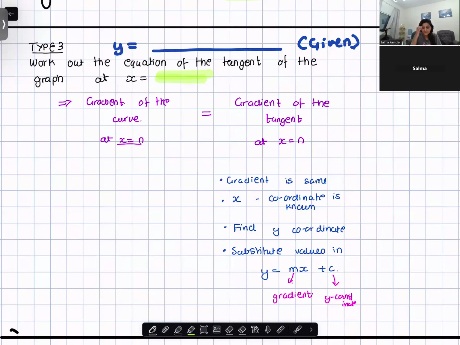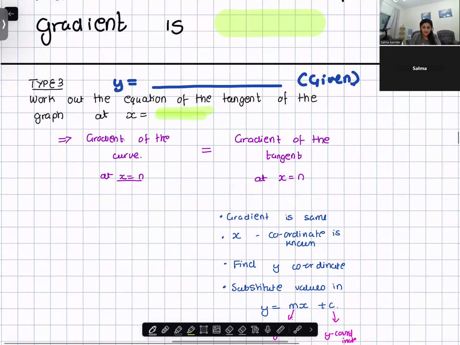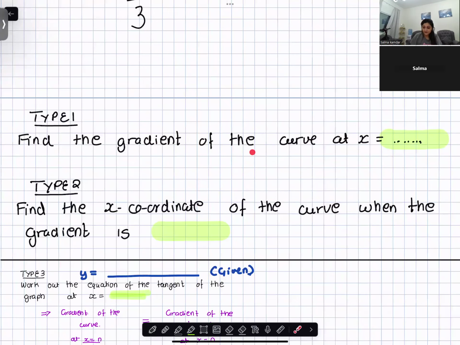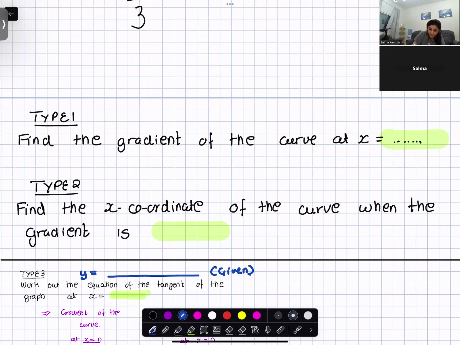Now look at the type of sums that can come that are related to the gradient. Your type 1 sum is you directly find the gradient of the curve at x is equal to something. So you will be given the curve which will be in the form of y is equal to something. You will take the derivative of it and then find it at x is equal to something.